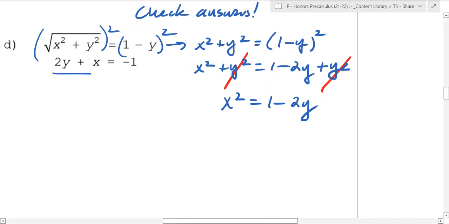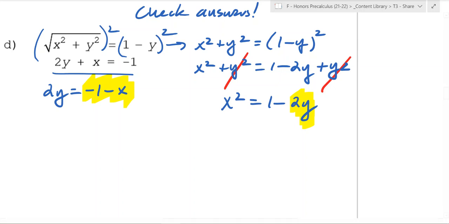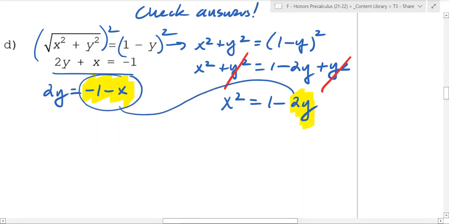So this one right here tells us that 2y is equal to negative 1 minus x. Oh, there's the 2y right there. So what we can actually do here is take this and plug it in right there, because that's 2y. It's a little bit shorter that way. So x squared is equal to 1 minus 2y, which is negative 1 minus x, like this.